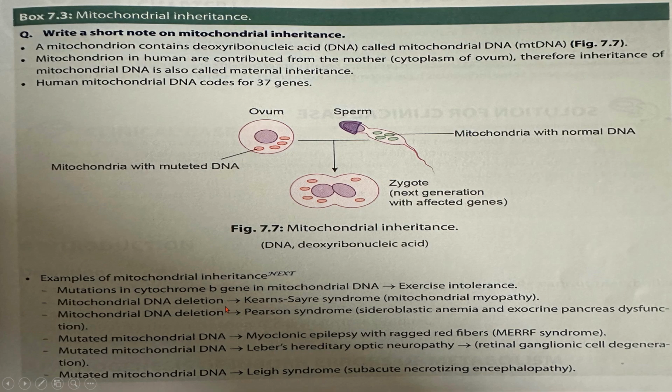Examples: mutations in the cytochrome B gene in mitochondrial DNA result in exercise intolerance; mitochondrial DNA deletion causes Kearns-Sayre syndrome, mitochondrial myopathy, again mitochondrial DNA deletion, Pearson syndrome; mutated mitochondrial DNA, myoclonic epilepsy. Mutated mitochondrial DNA can also result in Leigh syndrome and Leber's hereditary optic neuropathy.